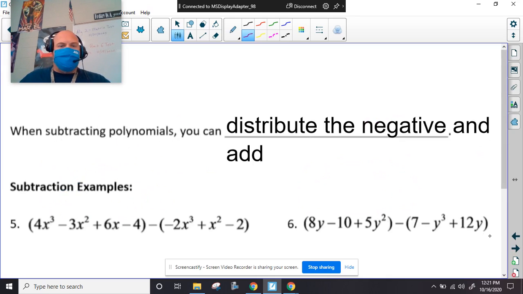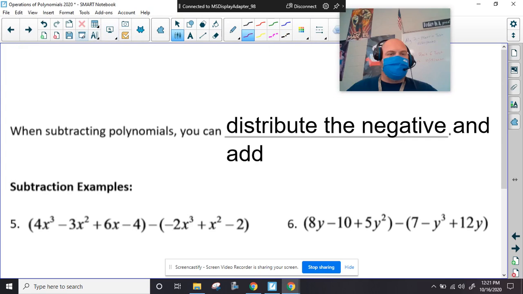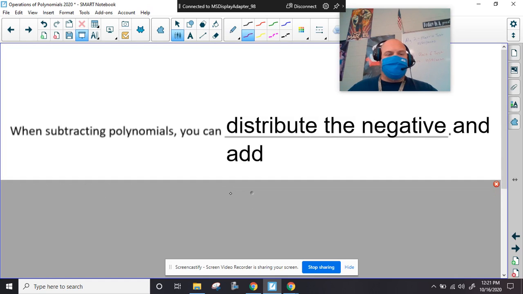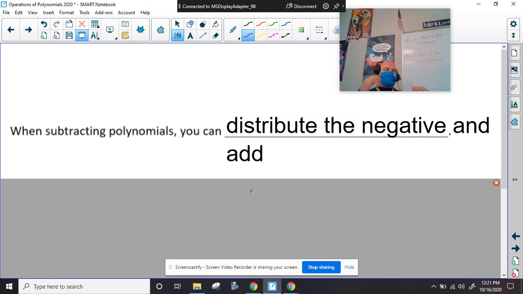Okay. Now, when you subtract polynomials, you can do the following. You can distribute the negative and add. I did something with my Algebra 2 class with this on Monday. And I had another class in the spring that said that when they distribute the negative, it confuses them.